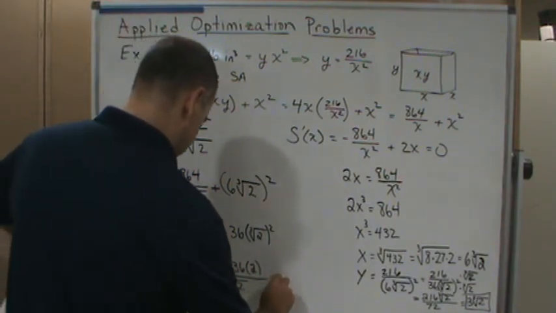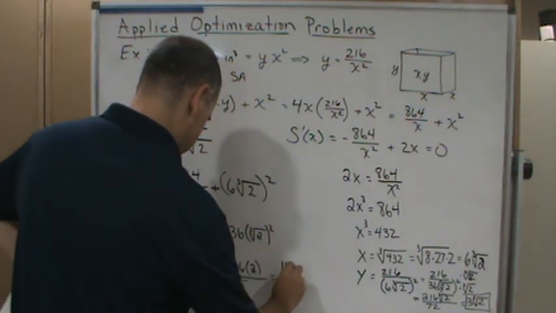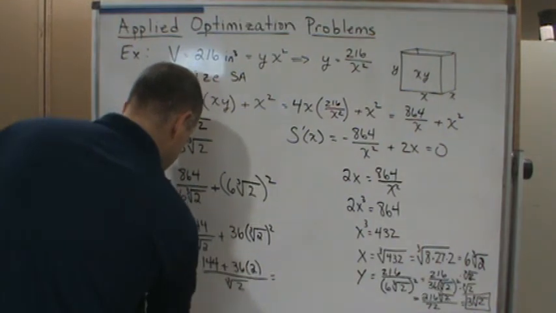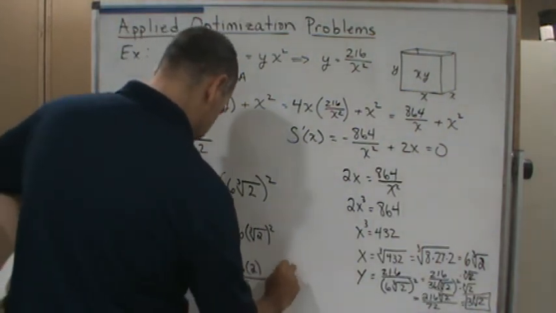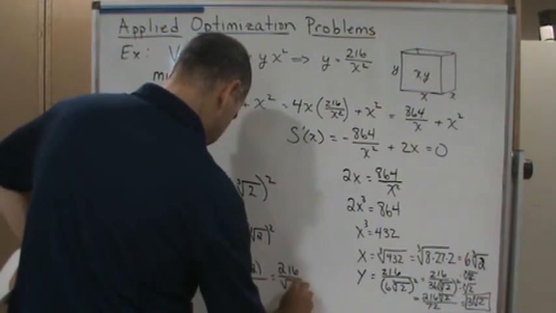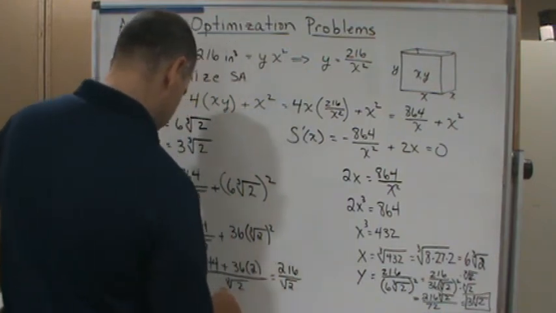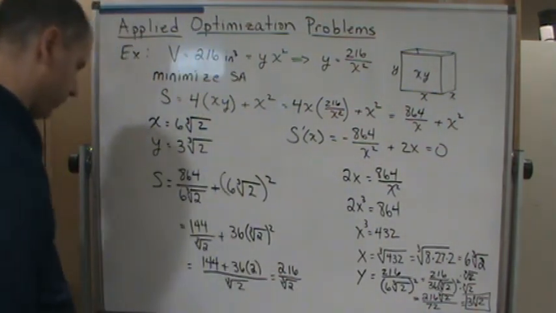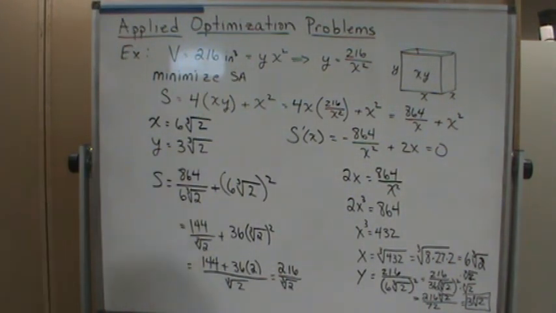Which is then going to equal, hold on, 144 plus 72 is going to be 216 over the cube root of 2.